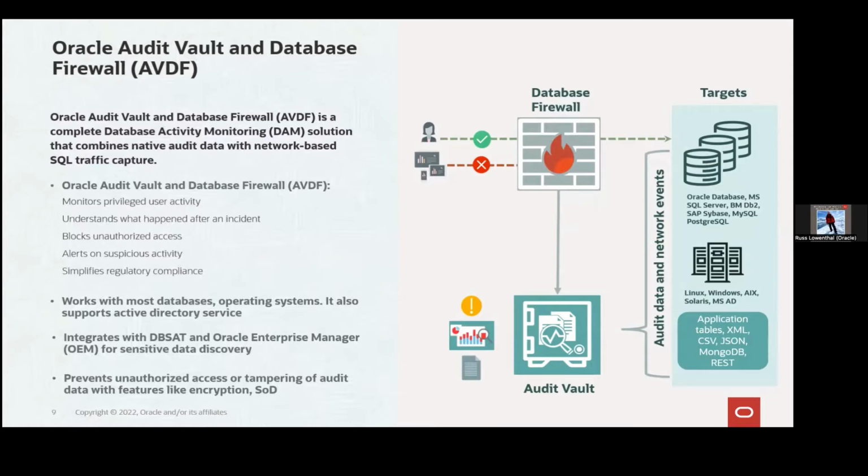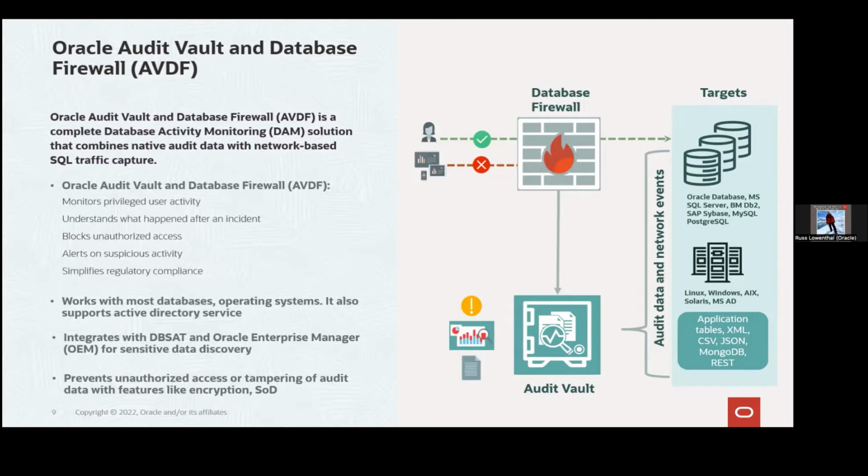That audit trail can be something that we have a pre-built connector for, like Oracle database or SQL Server or IBM or one of those, or it could be some custom target that's producing audit data in a CSV format or a JSON format or an XML format, or writing its audit data to a database trail. But we're pulling system data out with the audit component and moving that into the audit warehouse for analysis, alerting, and reporting.